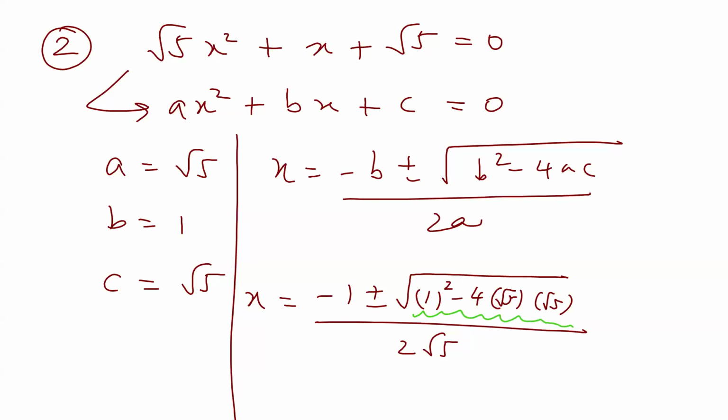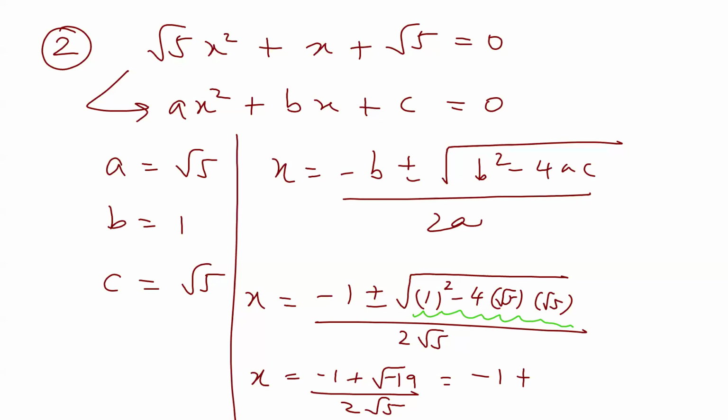Now what is the answer of this b square minus 4ac? Is it minus 19 within the root? Okay, 1 minus 4 into 5, 1 minus 20, that is minus 19.